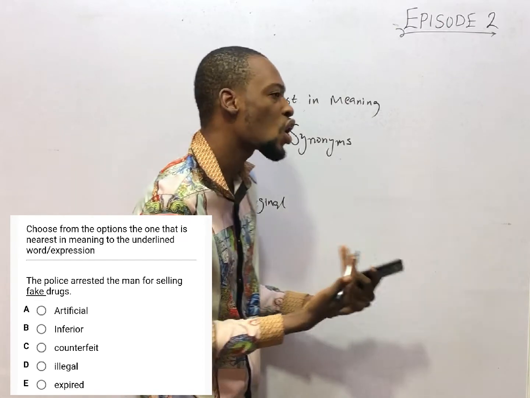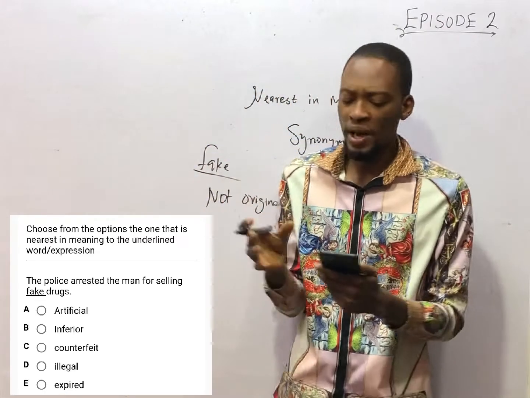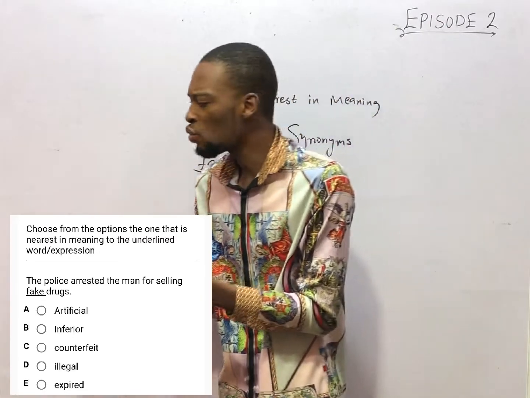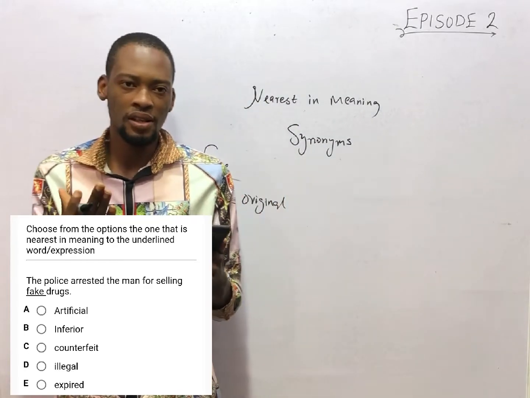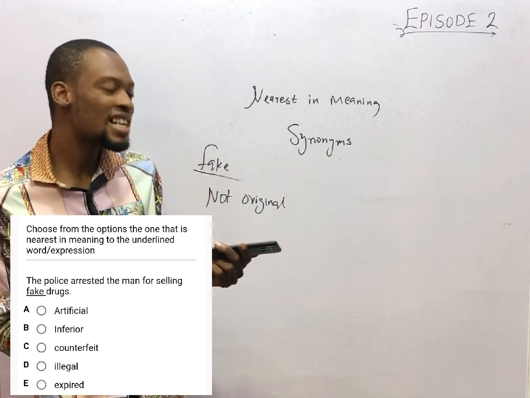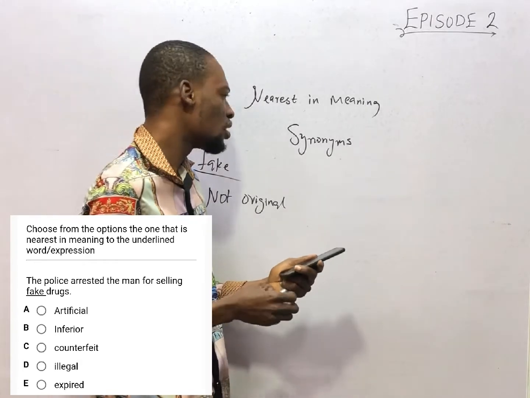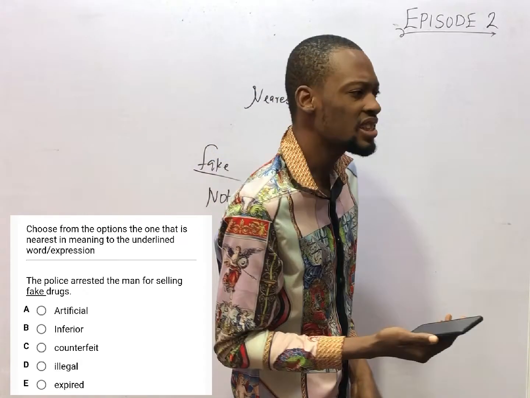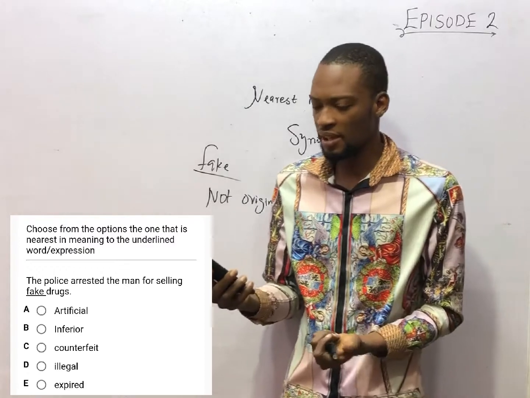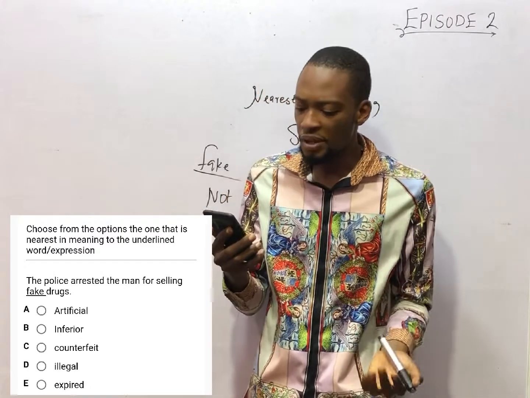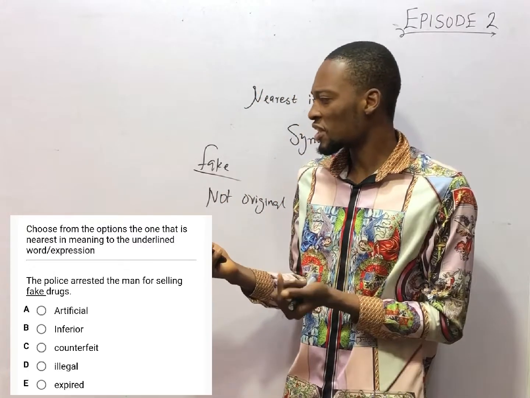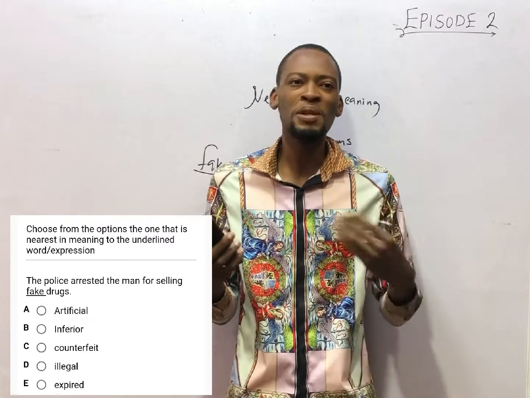Fake simply means copy. So, when it comes to drugs, which of these words can replace fake? Option A says artificial. If something is fake, it doesn't necessarily have to do with artificial. Option B says inferior. Fake may not even be inferior.